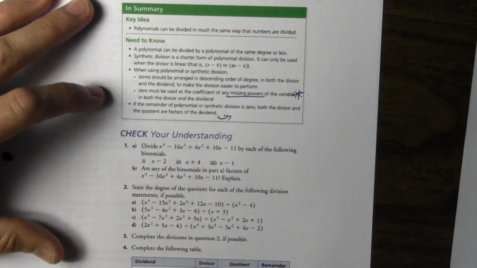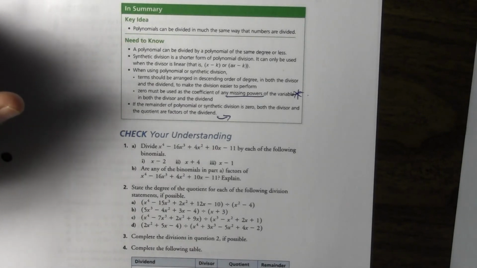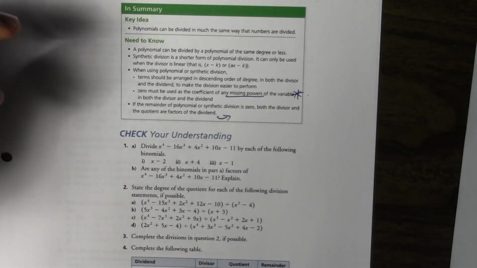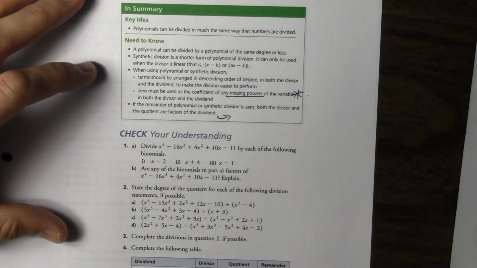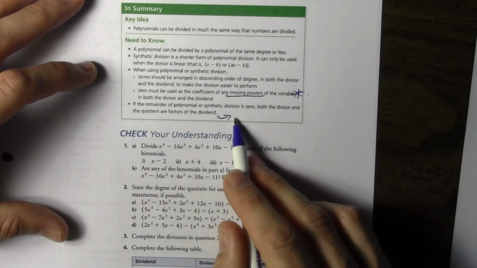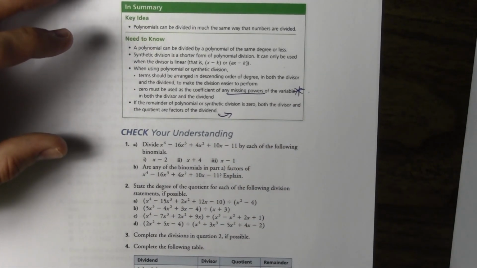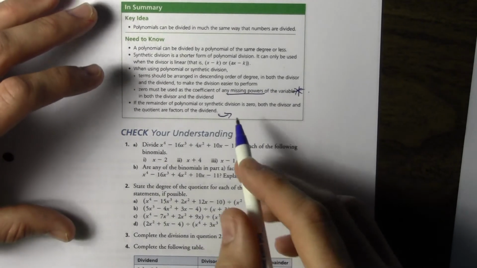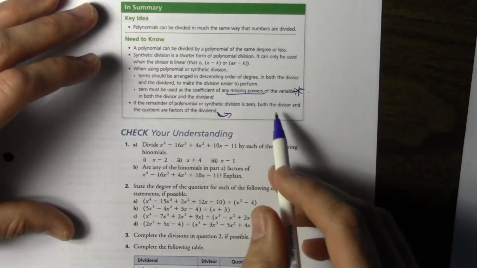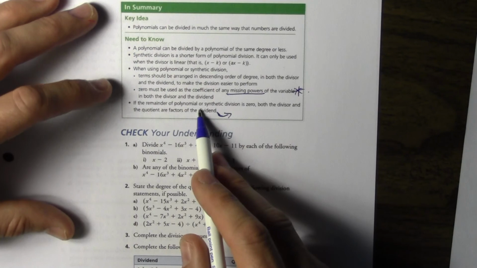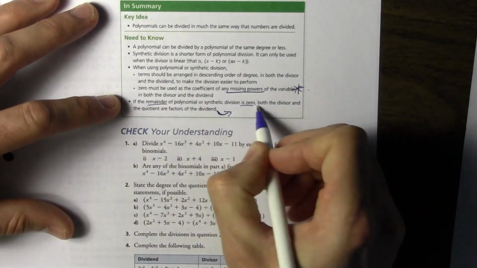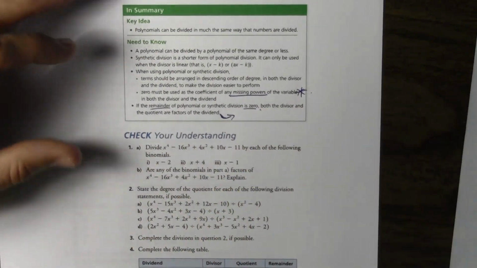Anybody know what this means? Nobody? So all this is saying is, there is no remainder. It's saying if the remainder is 0. So all they're saying is, let me give you an example.